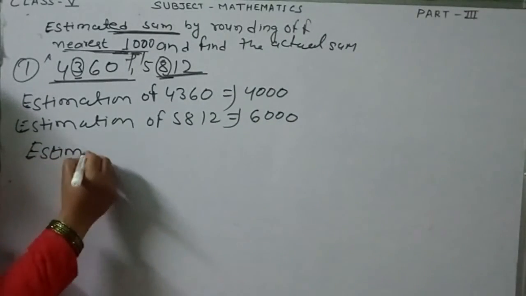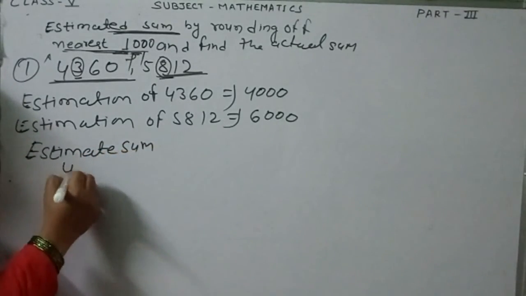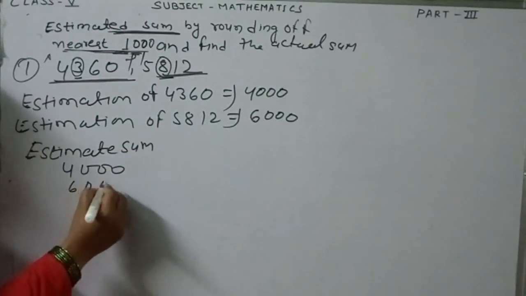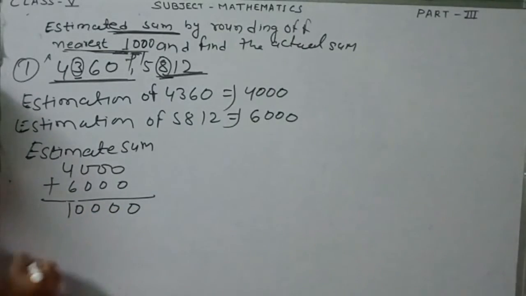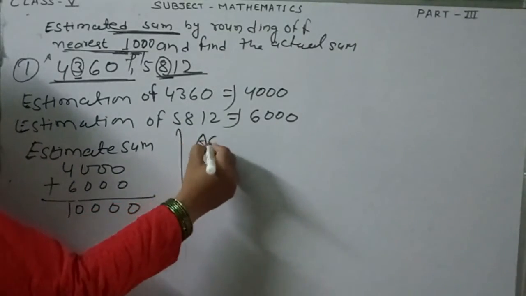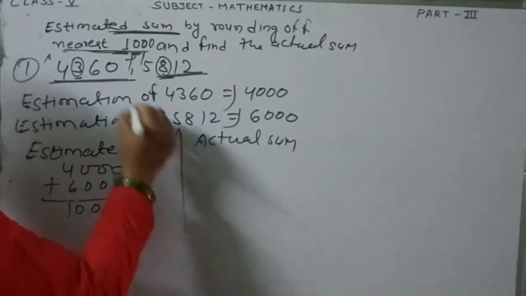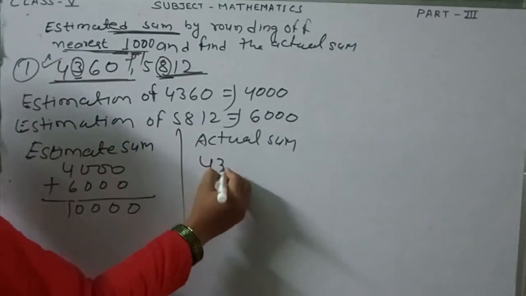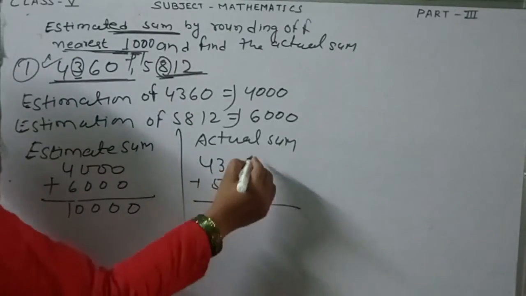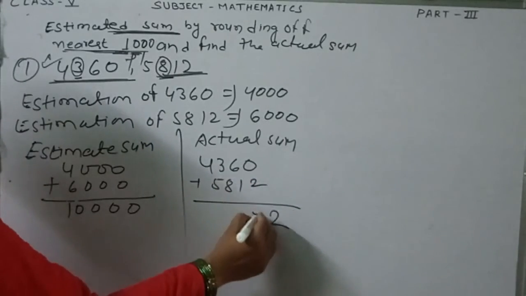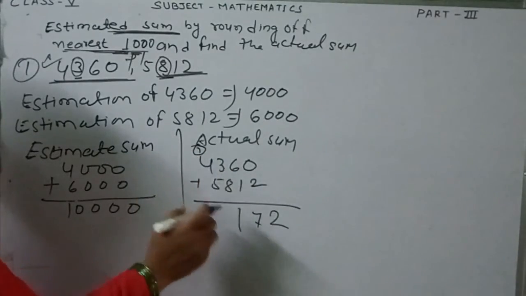And after that we find the estimated sum, that is 4,000 and 6,000, that is 10,000. Here for the actual sum you have to write 4360 plus 5812. 2 plus 0, 2. 6 plus 1, 7. 8 plus 3, 11, 1 is carried here. 1 plus 4, 5, plus 5, 10.